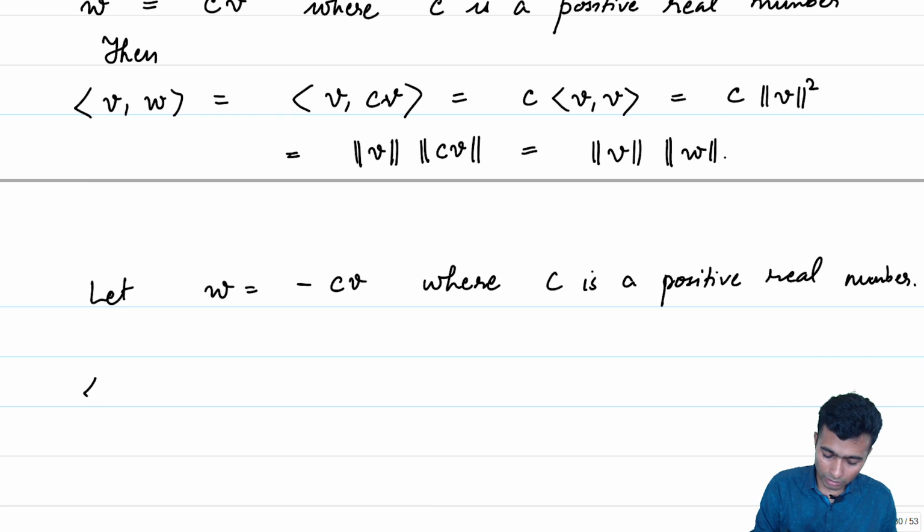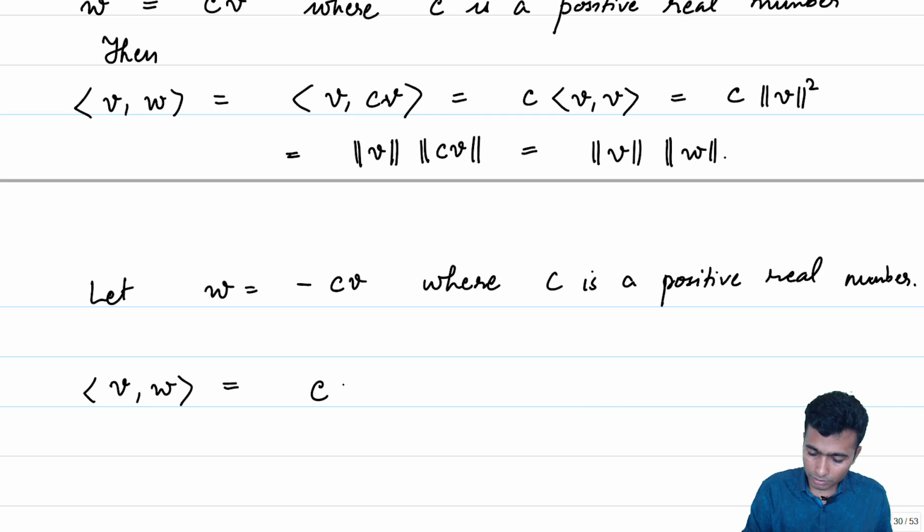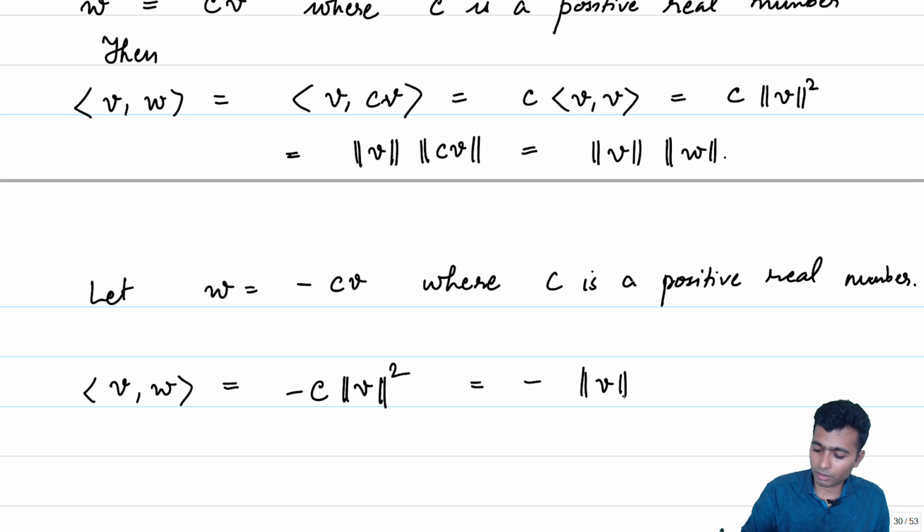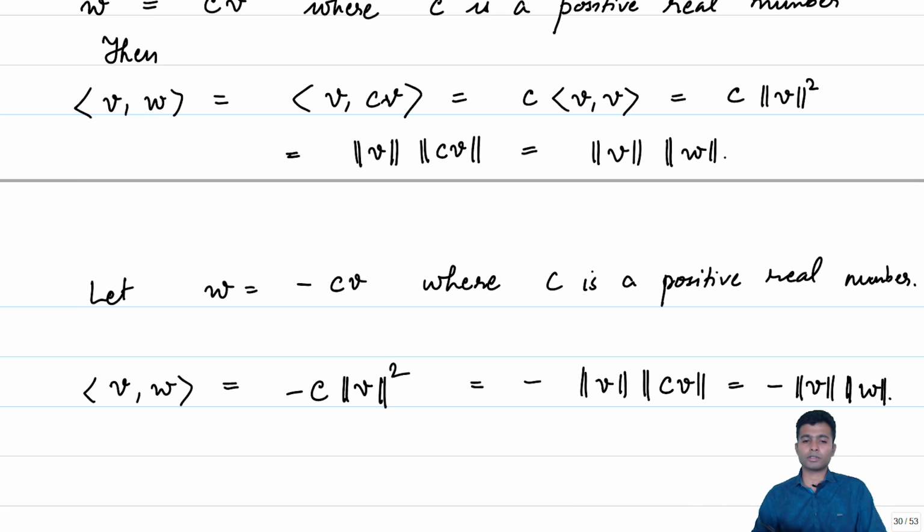It is going to be the same till the step C times norm of V squared, which is now going to be equal to minus C times norm of V squared, and it is at this place where it will change. This is just going to be minus the length of V times the length of CV, which is equal to minus the length of V times the length of W, because the absolute value of minus C is just C, right?